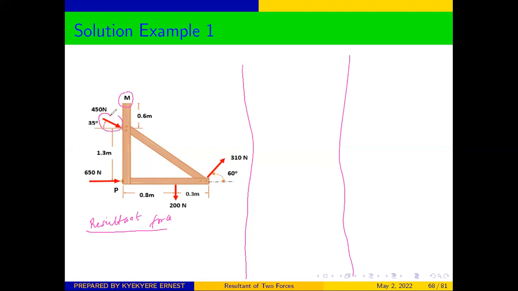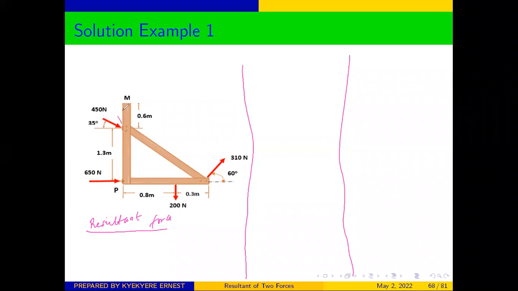This force is at an angle. We cannot see this force in the X or in the Y, and the same applies to this force here. We cannot say that it is in the X or it's in the Y. So anytime you are given a force like that, you resolve such forces into components, which is X and Y component. So let's see how to resolve this force here into components.